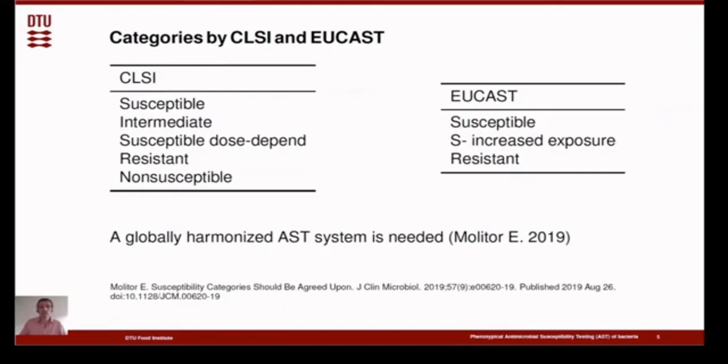Just let me mention that some categories are somehow similar: susceptible is the same in EUCAST and CLSI. Susceptible, increased exposure is basically susceptible dose dependent, and resistant is also in both organizations.